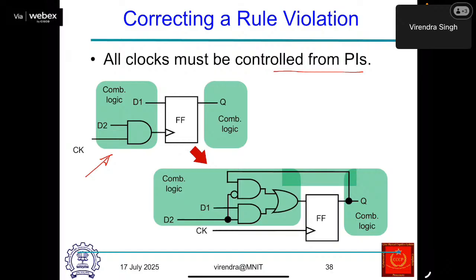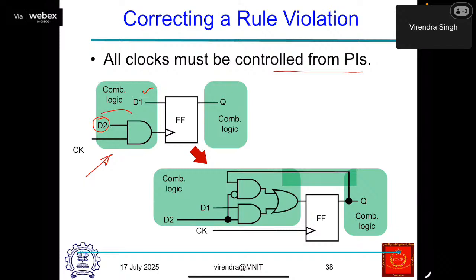That is prohibited. Like for example, in this design style, there is a primary input D1, and based on D2, if D2 is equal to 1, it will provide the clock, and then it can flip the value. Otherwise the clock remains 0, and nothing will happen. So if D2 is equal to 0, no action happens over here.